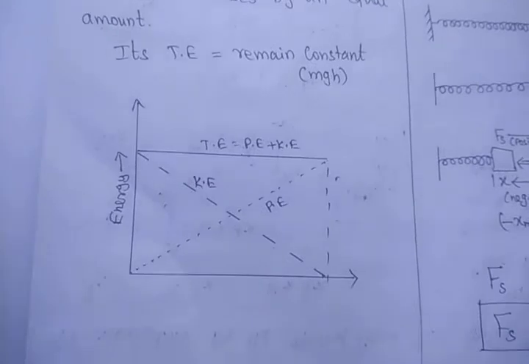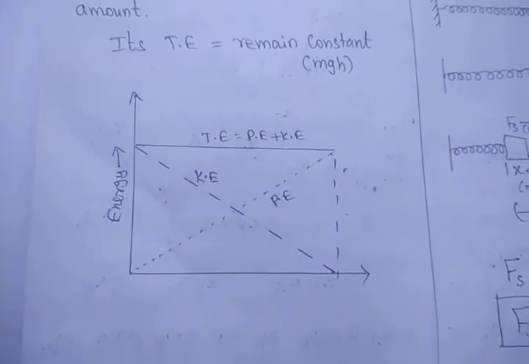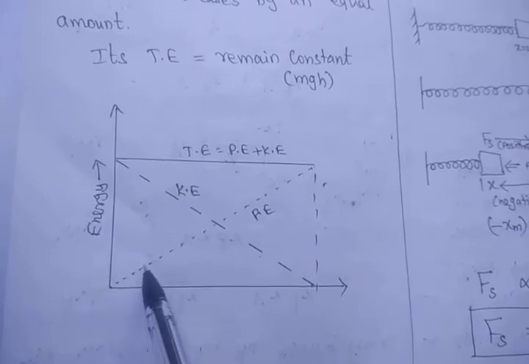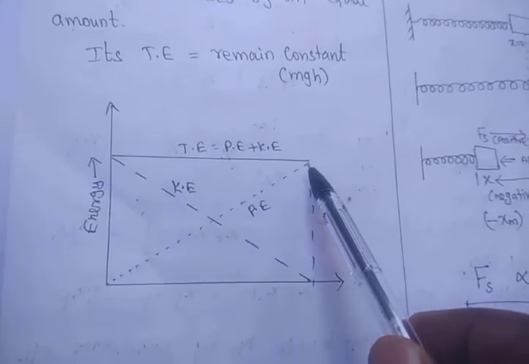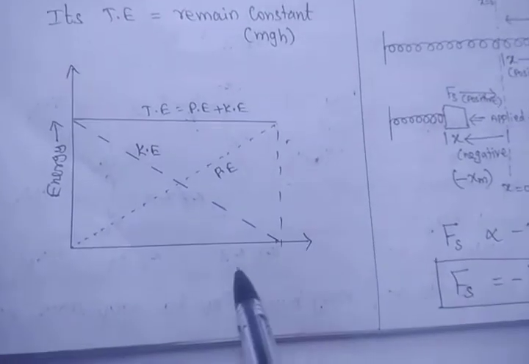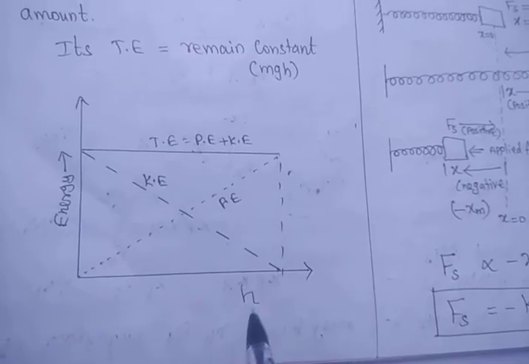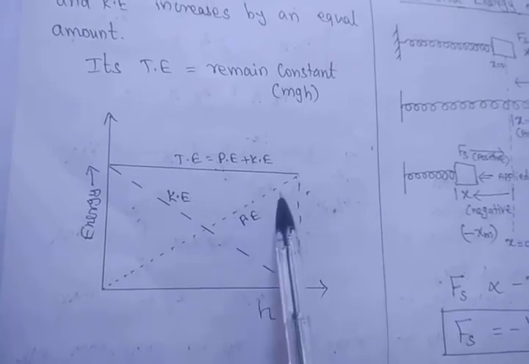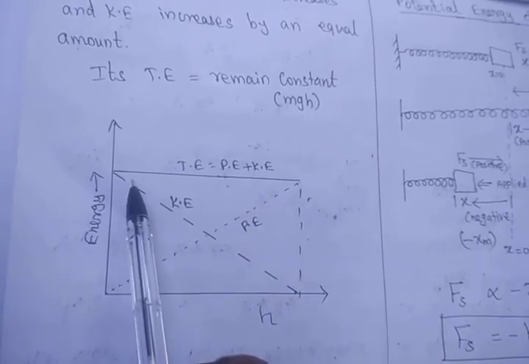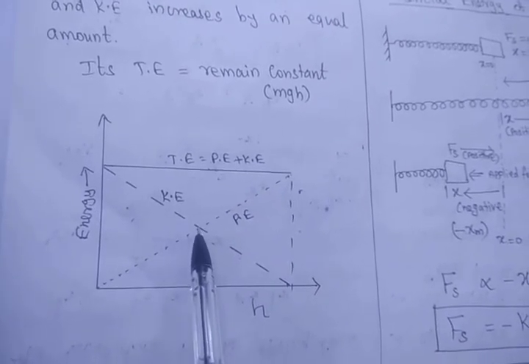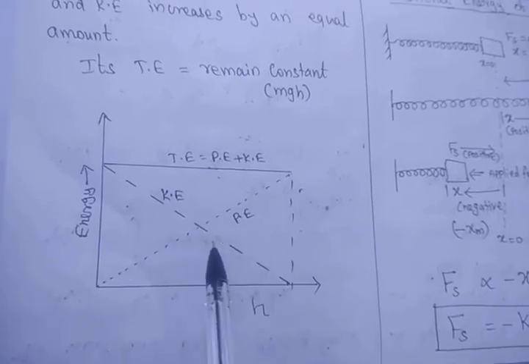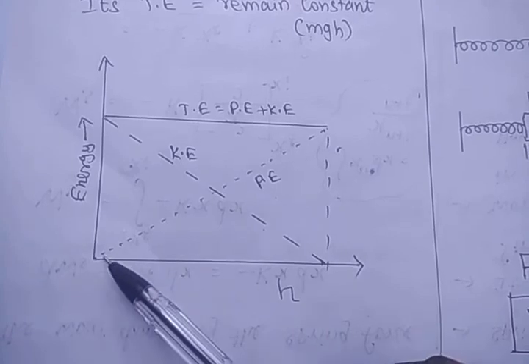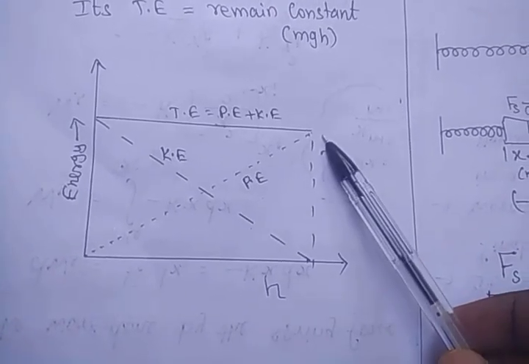If you plot the graph, this is the origin, and this is the displacement or the height h. When the height increases, the potential energy also increases. When the height decreases, the kinetic energy increases.